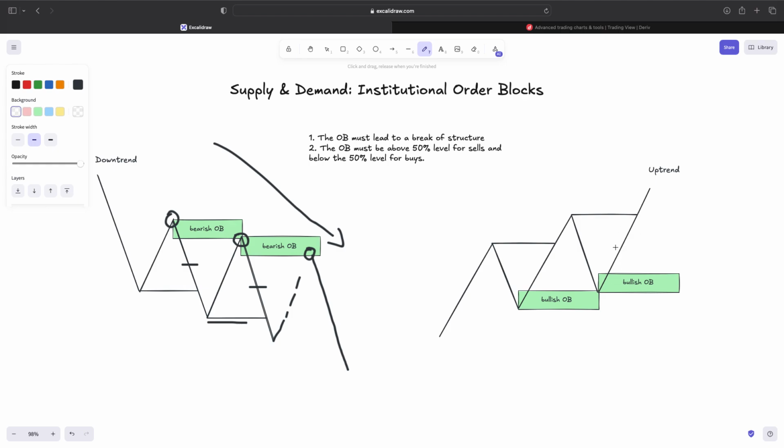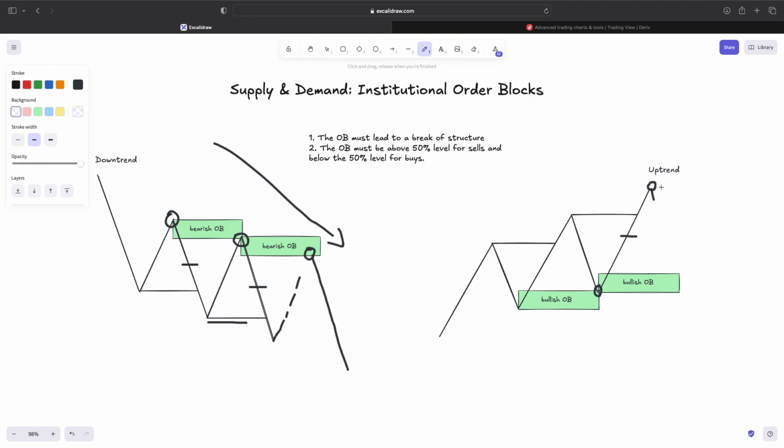Now the same is true in terms of the uptrend. Again, the buyers are in control, so we're going to be looking for potential buying opportunities from the lows, and then whenever price starts creating that pullback around this area here, we identify our trading range from this low to this high, and then we're going to take our premium and discount tool, identify the 50% level.